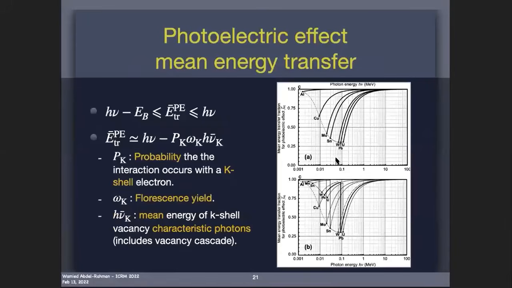The energy transfer from the photon to the charged particle is given by this formula: the photon energy minus the binding energy of the photoelectron. But remember, there is a vacancy created, so we expect that there are going to be Auger electrons also emitted following the photoelectric effect.